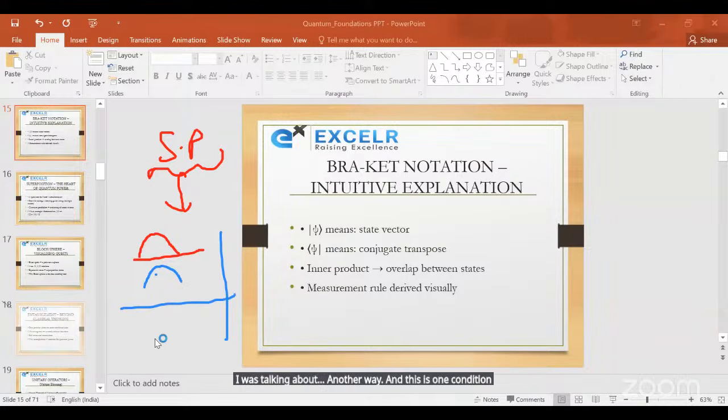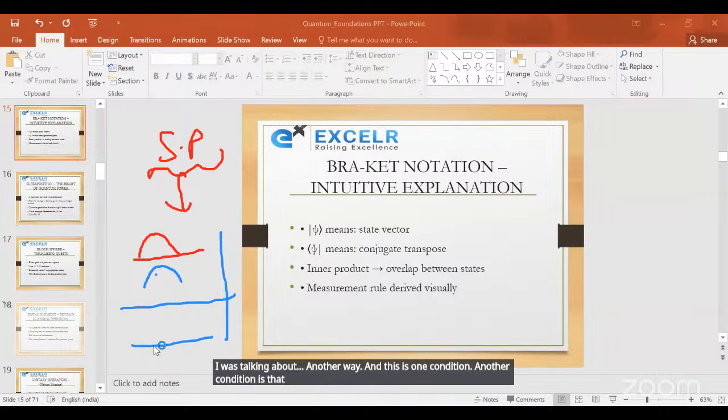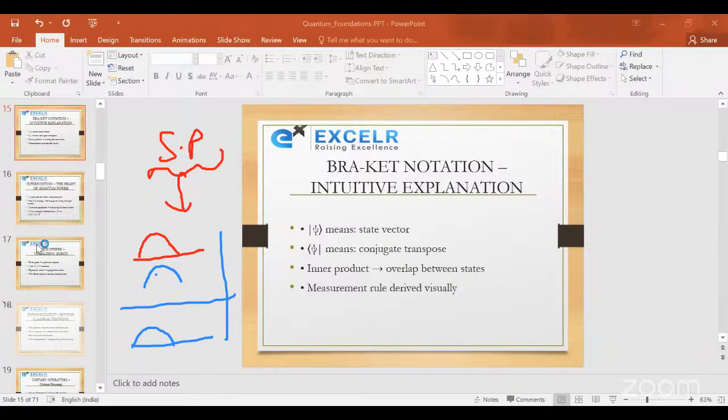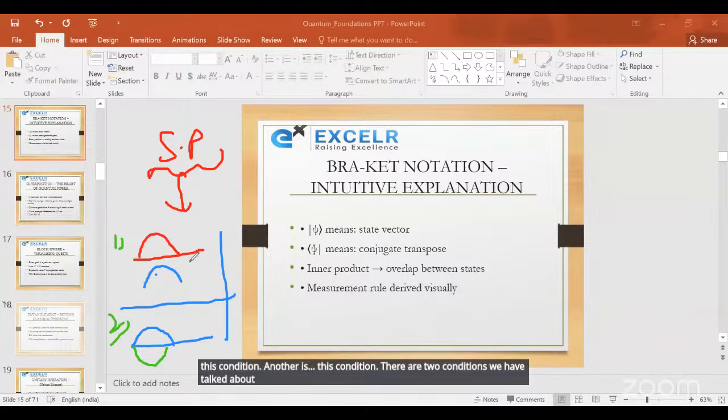Another is this condition. There are two conditions we have talked about. So this is also a superposition. Just see that it is also called a superposition in the same phase.